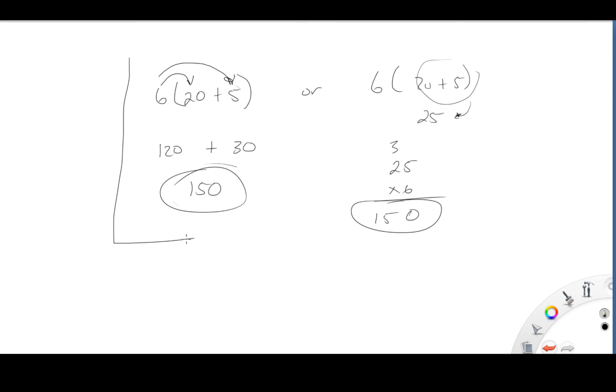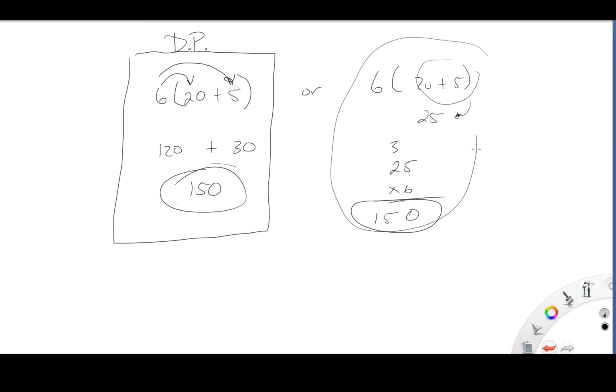This is what's called distributive property. I'm going to shorten it with DP. This is kind of like what we did with arithmetic. We did what was inside, we added, and then we multiplied. Distributive property over here on this side is basically another section in how we're going to use algebra.